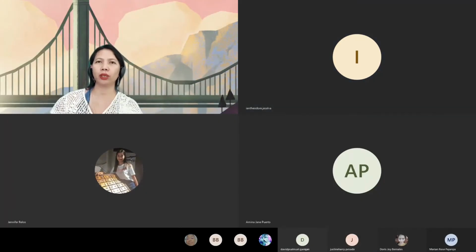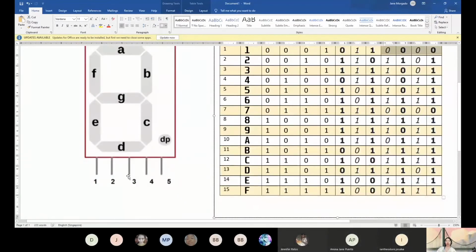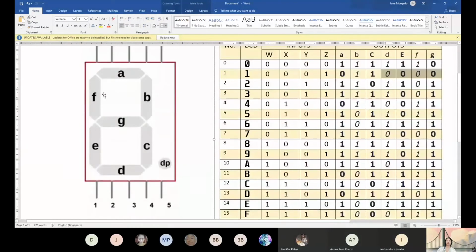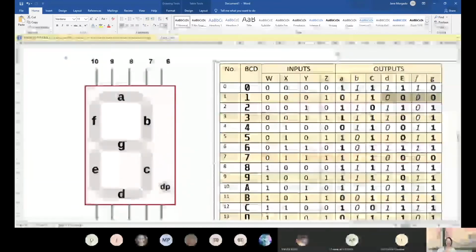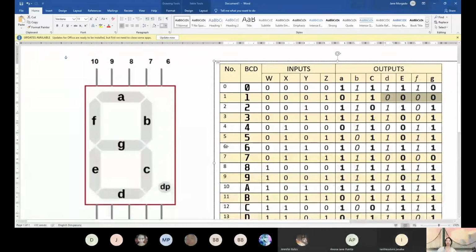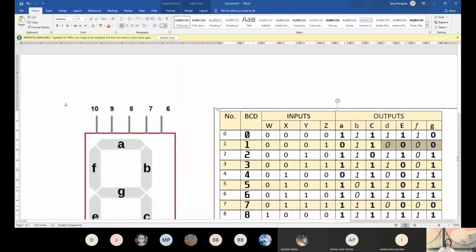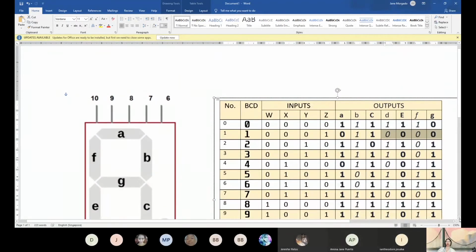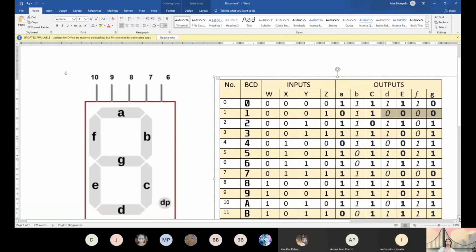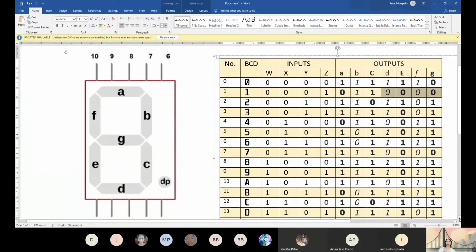So, yung pin 1 to 10 na yon, this one pin 1 to 10, they are actually pin configurations. Okay? So, para mapailaw natin yung LED. Diba? So, LED is just simple. Anong circuit ba ang ginawa niyo sa electronics 1? Nag-ano naman kayo no?